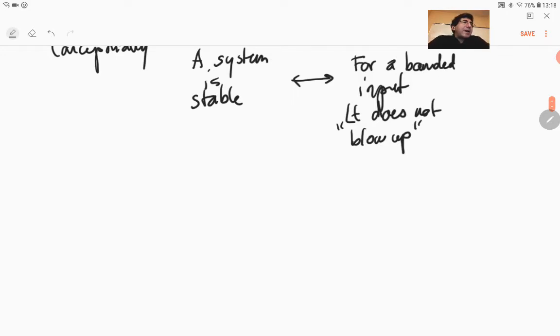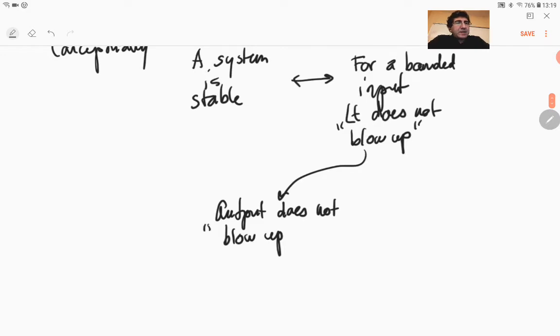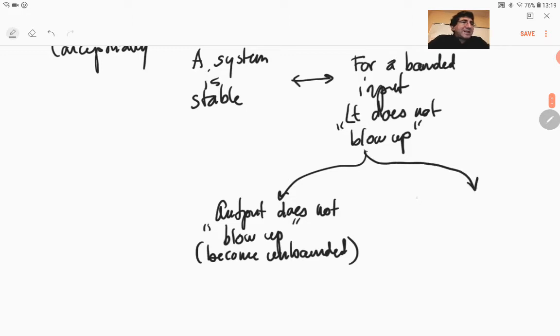And what we mean by blowing up is that something inside the system does not go to infinity. Okay. So if we divide this into two, we may mean that the output does not blow up, does not become unbounded, or in fact the inside does not blow up.